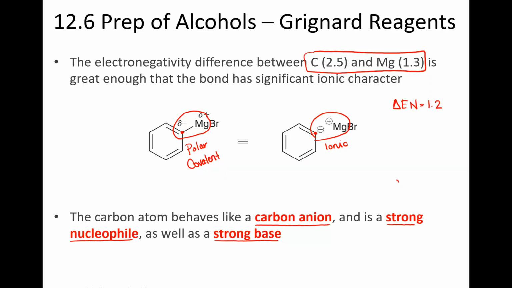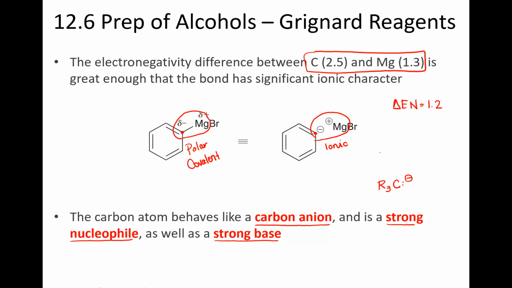It's difficult to form a carbon that's anionic in any other way, because typically sp3 hybridized hydrogens attached to a carbon like that are not very acidic.